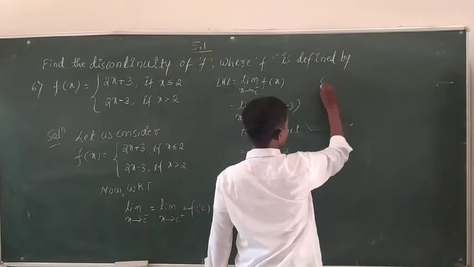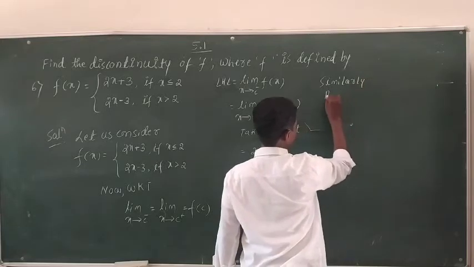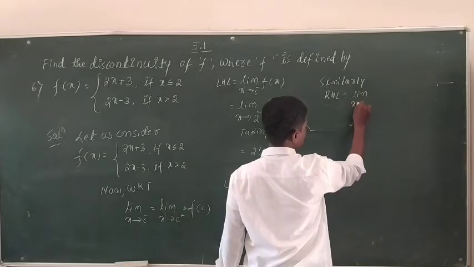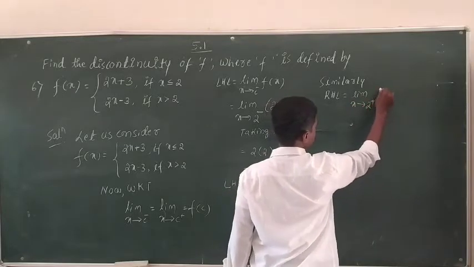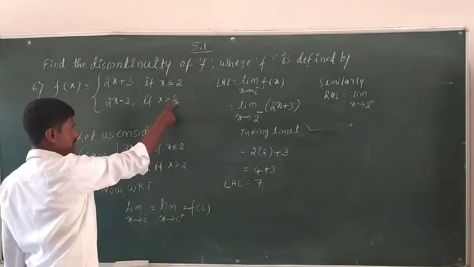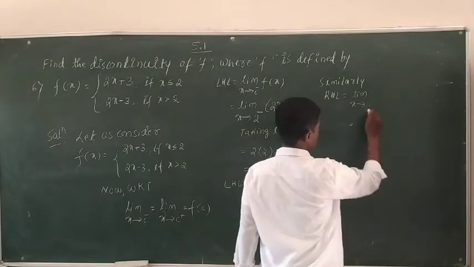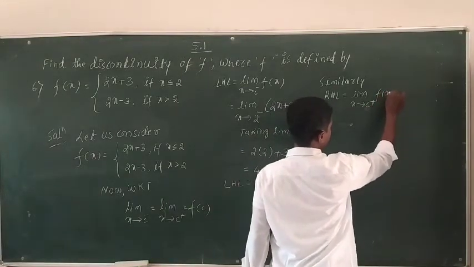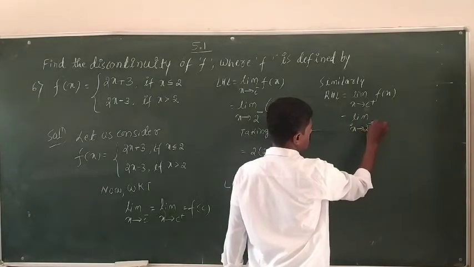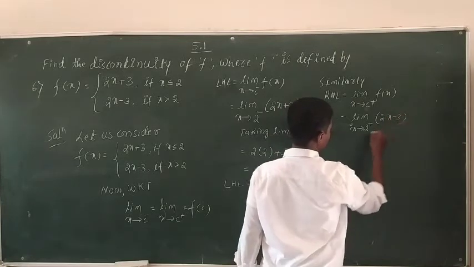Similarly, find RHL. RHL is the limit as x tends to 2 plus, where the function for x greater than 2 is 2x minus 3.